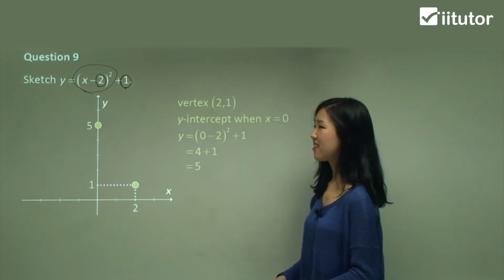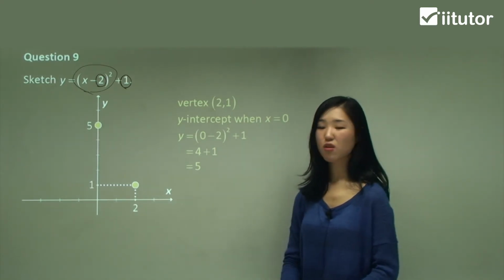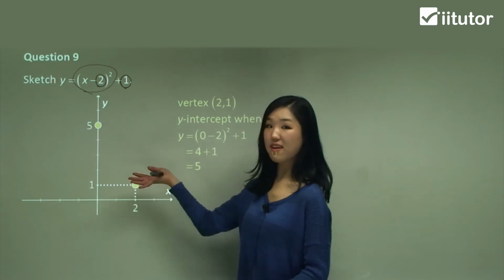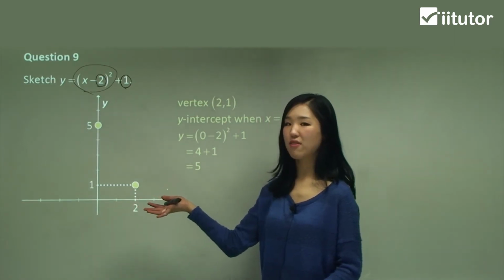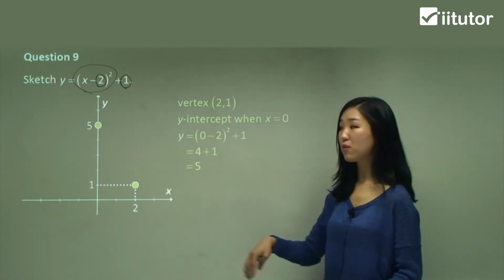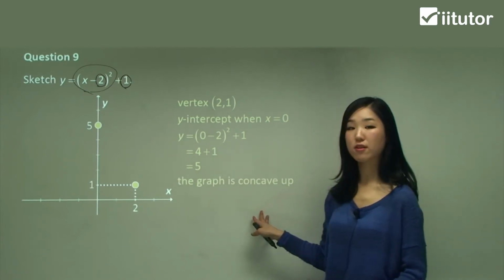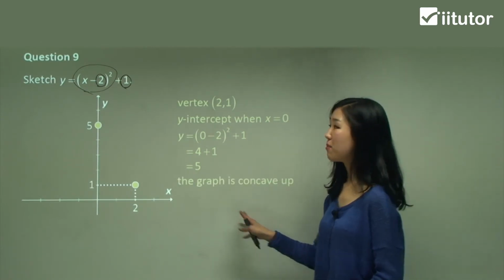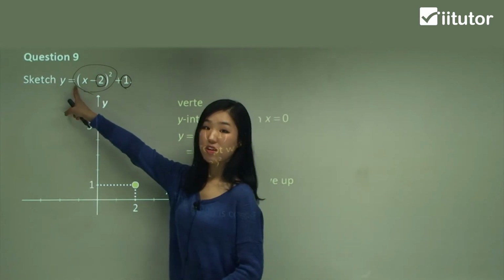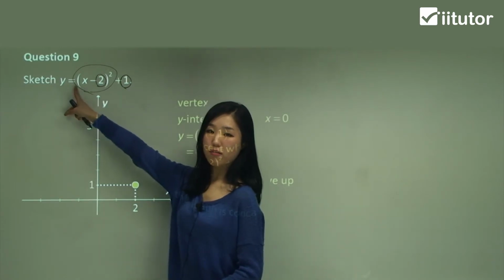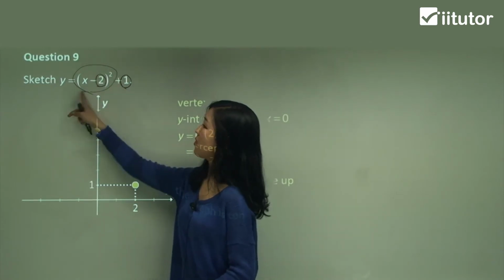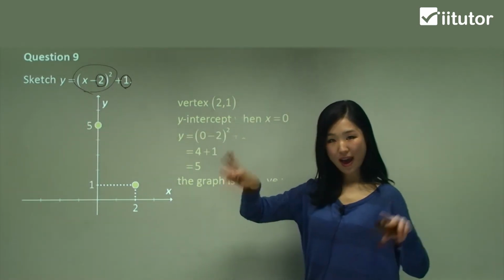Do you guys think that we're going to have any x-intercepts? Because the vertex is above the x-axis, I think we're not going to have any x-intercepts. First of all, we know that the graph is concave up, because there's a positive in front of that square thing, so it's going to be a happy face.